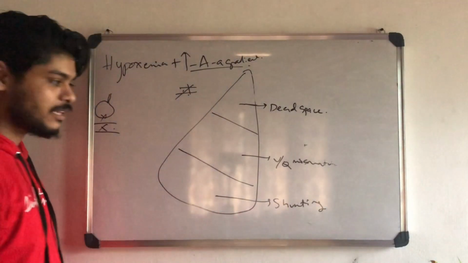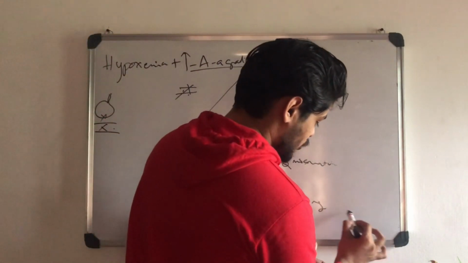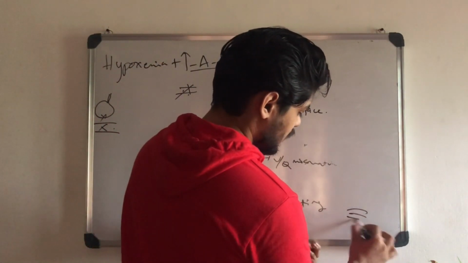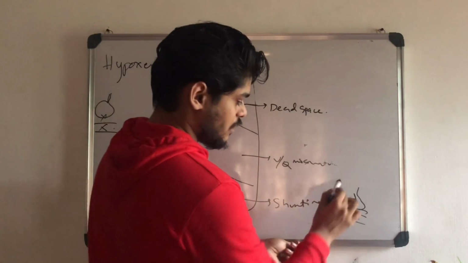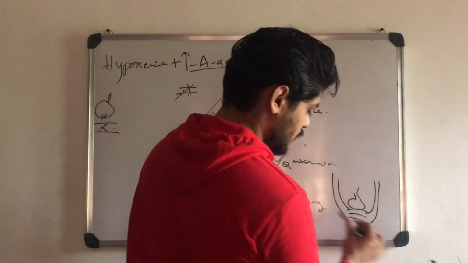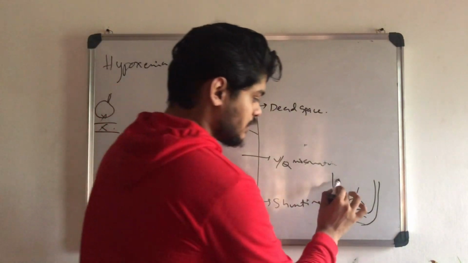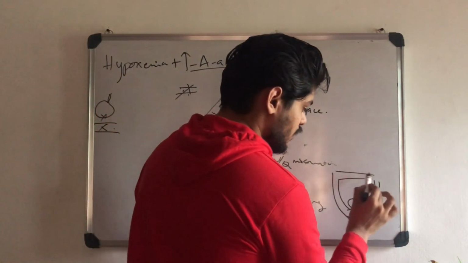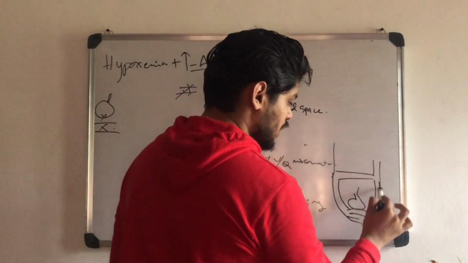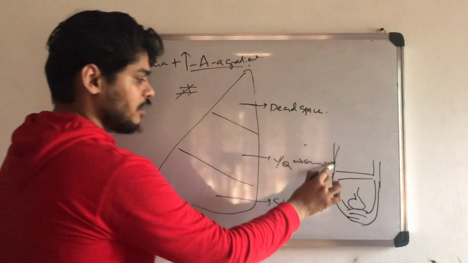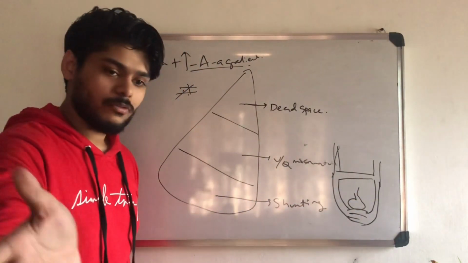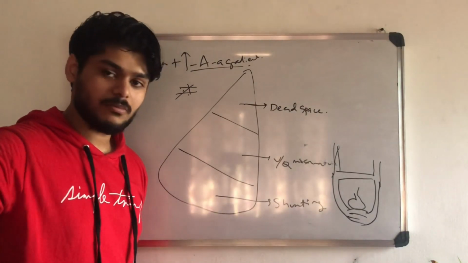What was shunting? In alveoli we have capillaries, right? So arteries come and capillaries form and then the venous system. But in some places, some blood vessel bypasses the alveoli. So actually alveoli is waiting for a blood vessel to come with the blood.